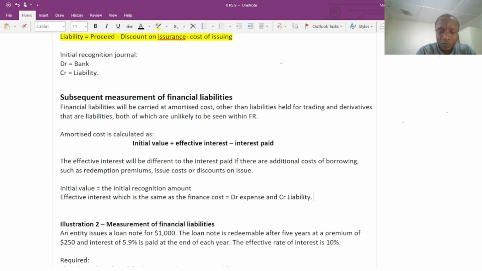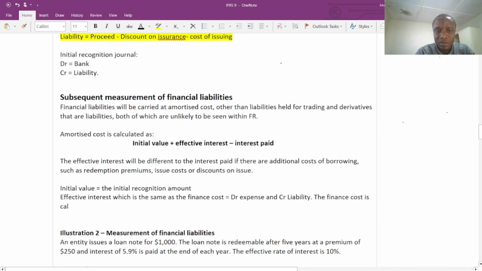So basically, for the finance cost, we are going to debit expenses and we are going to credit liability. And the finance cost is calculated on the closing liability for each year.